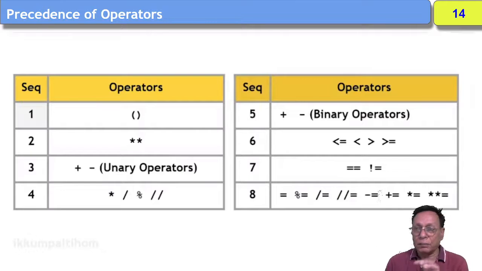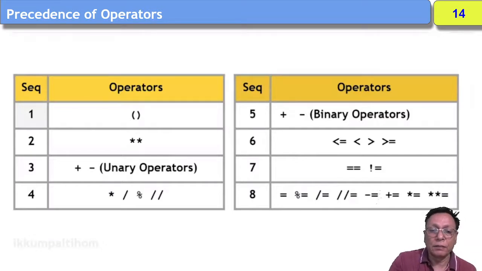The operator which is applied on a single operand is known as the unary operator, whether this is plus or minus.